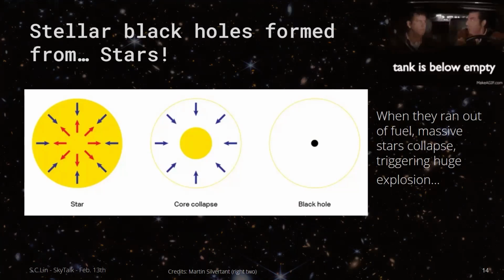Everything will keep collapsing as long as that star is heavy enough, and eventually it will collapse into a black hole. But before that, it will eject most of its materials outward, triggering a so-called supernova. So for all those supernovae we see in the sky right now, we could expect there are black holes at the center of them. This is the theoretical prediction of how a star turns into a black hole.